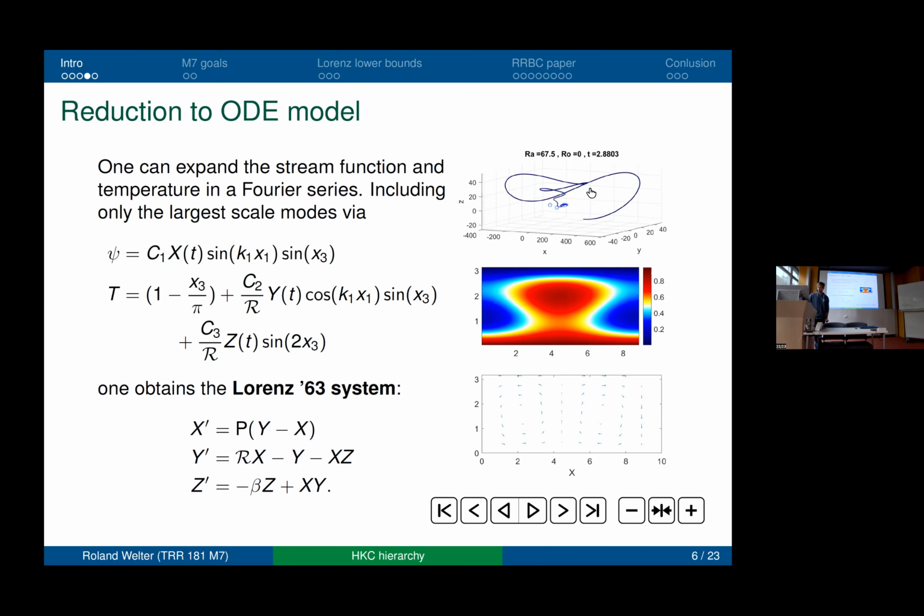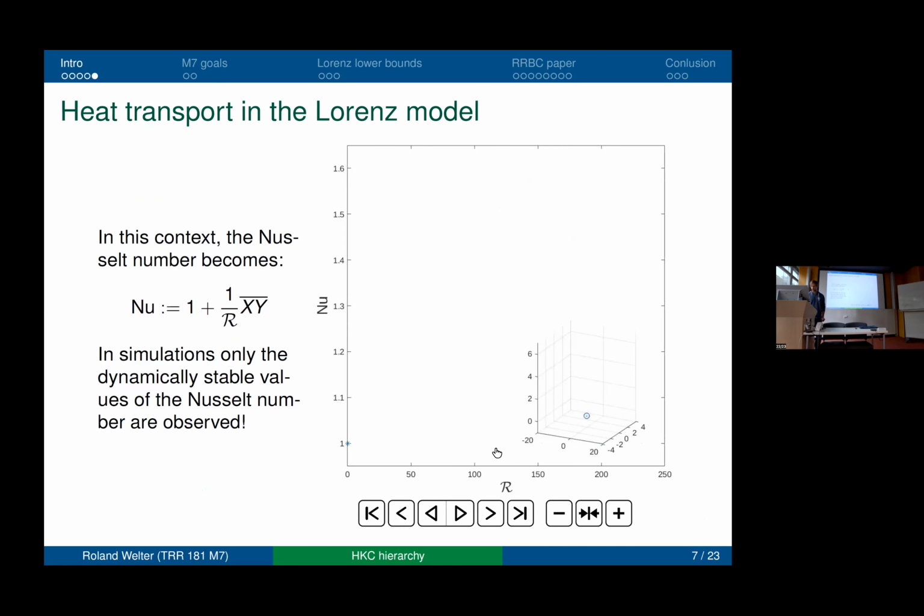But as we increase the Rayleigh number in the Lorenz model, we see a new picture emerging. What's plotted here in orange is the heat transport value from these fixed point solutions.